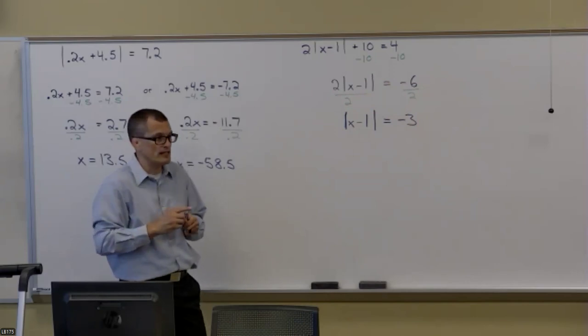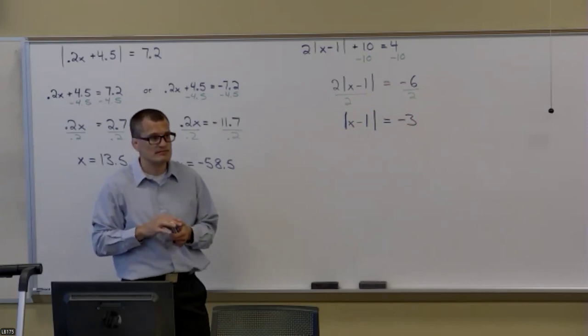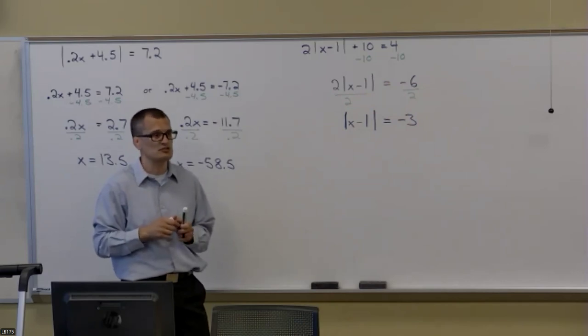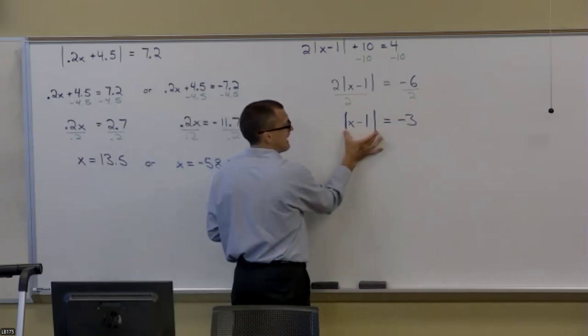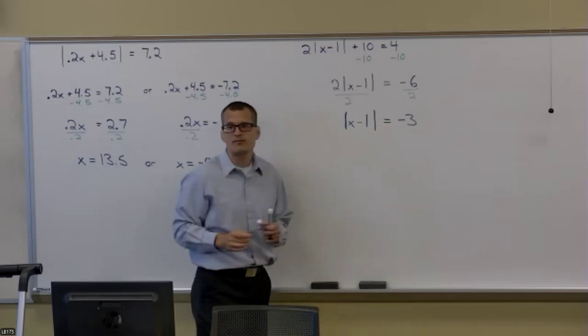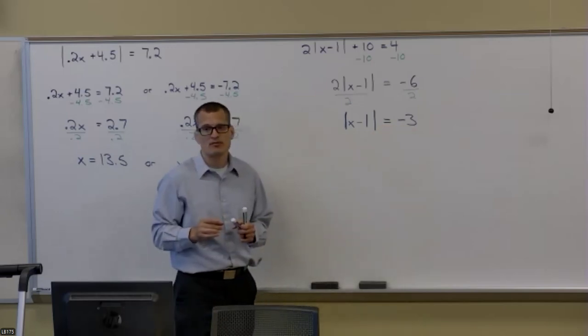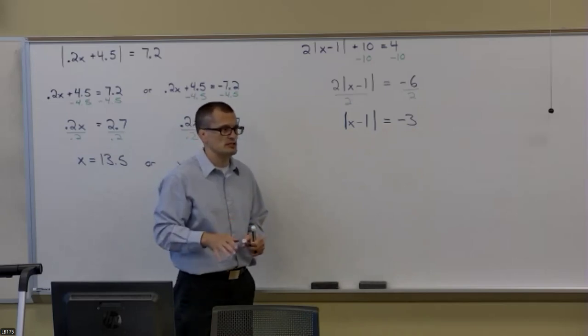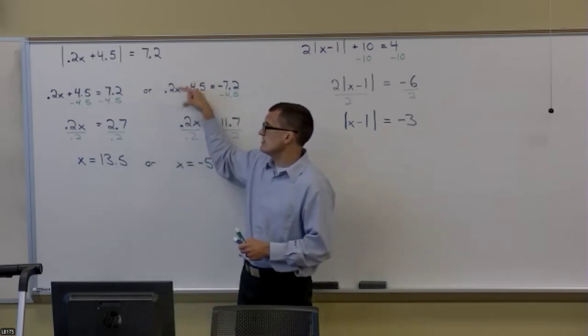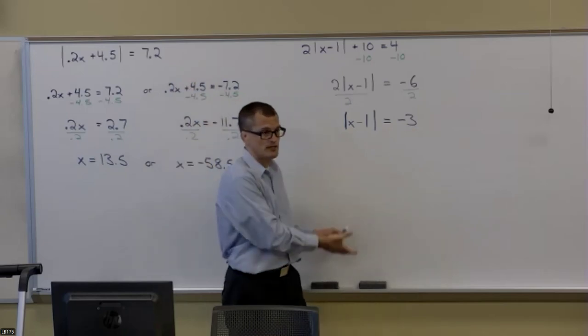So what should I do next? No solution. Yeah, say that there's no solution. We have absolute value equal to a negative number. So at this stage, there's no solution. Now, if you tried to do it this way, you'd come up with 2 different numbers.